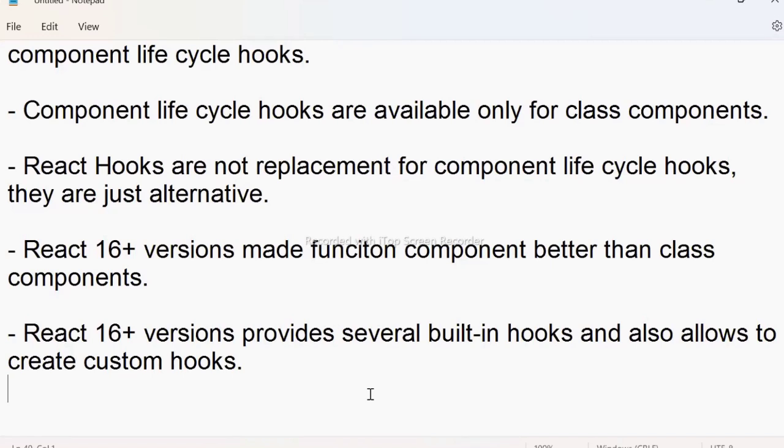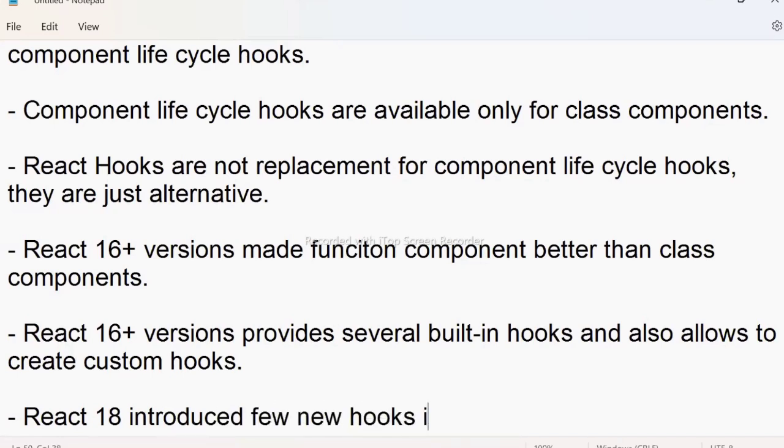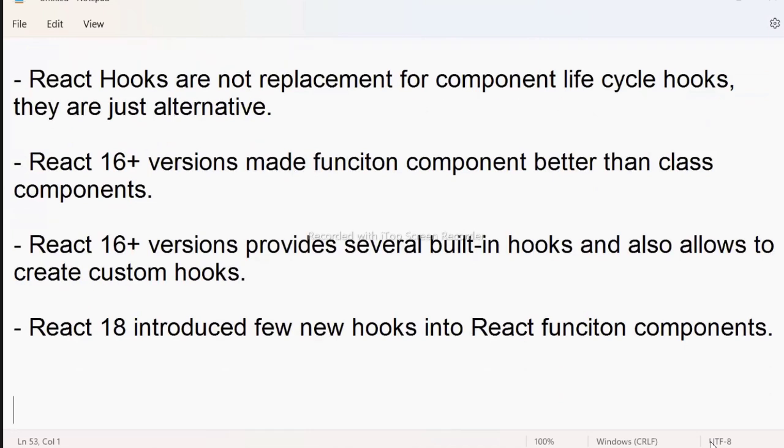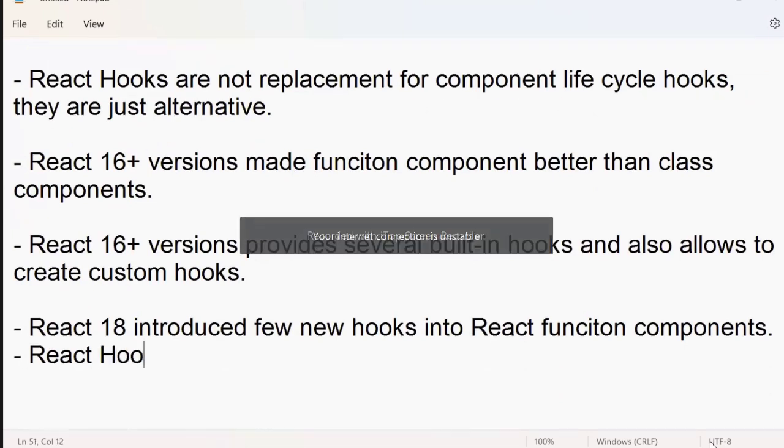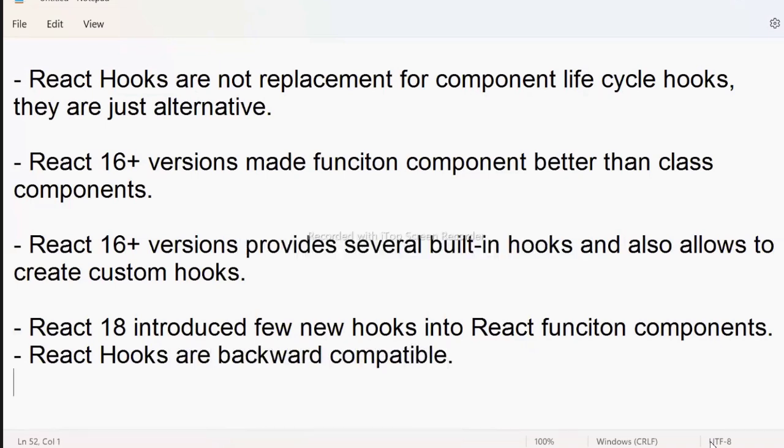Actually, React 18, the latest version, has introduced several new things. React 18 introduced a few new hooks. Very important is that React hooks are backward compatible. All hooks are backward compatible.